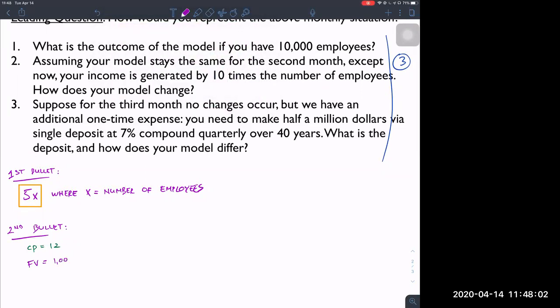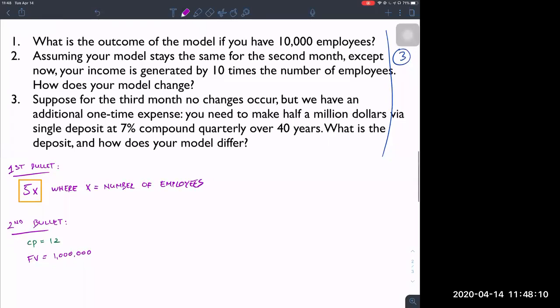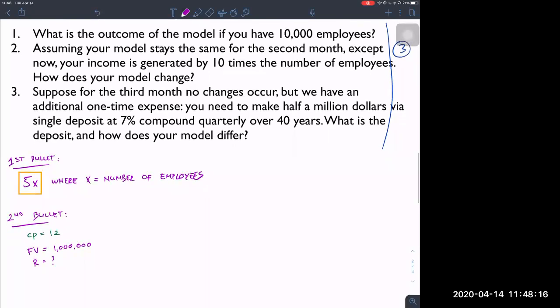People did this mostly correct. So I would say about 96, 98% of you did this correctly with the future value. And then I told you that you're looking for the recurring payment. And this is where I had to go back and give points back, right?